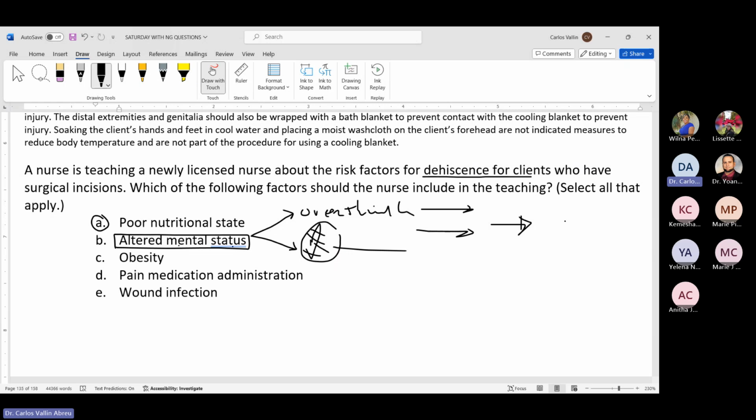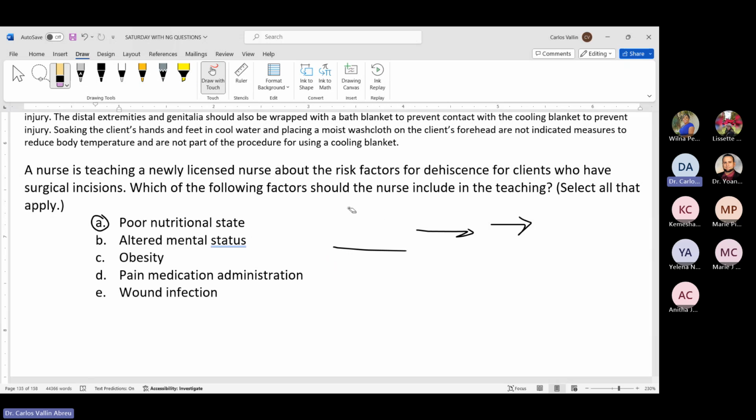Risk for elopement, but not for dehiscence. Risk for agitation, but not for dehiscence. So I decide not to mark that, because remember my recommendation in the select that apply questions, okay? Only select what you are absolutely sure. But I'm afraid of the people that tend to overthink.